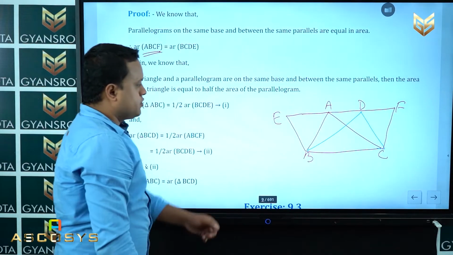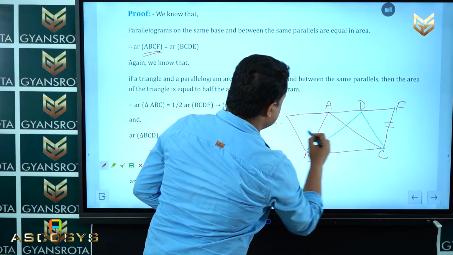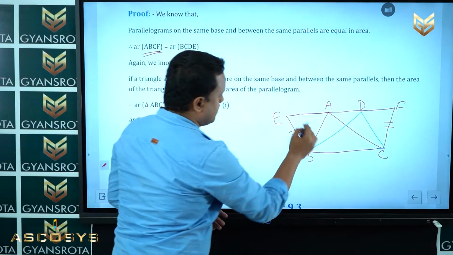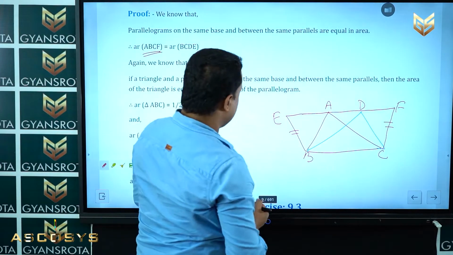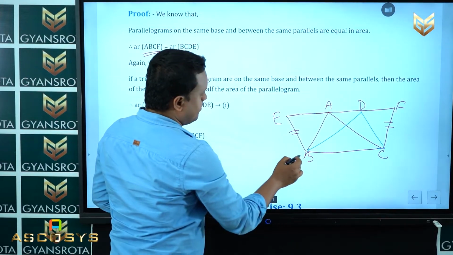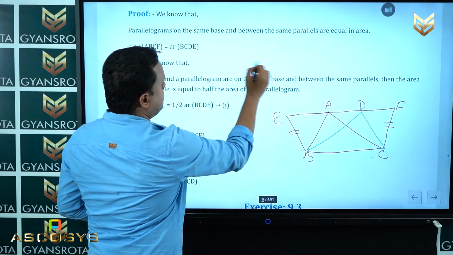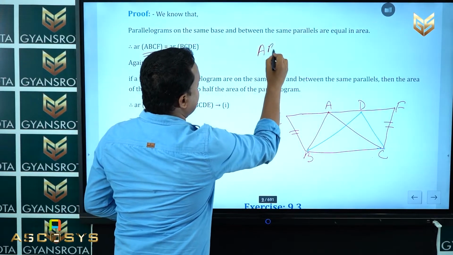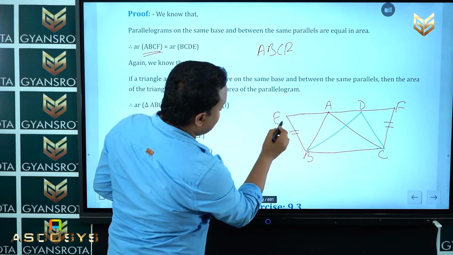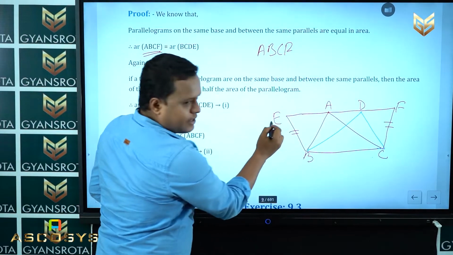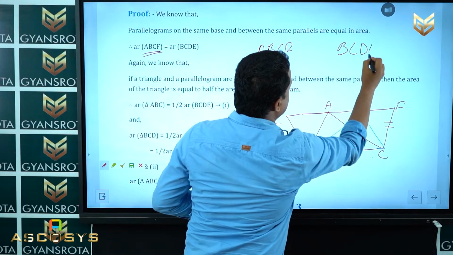Since we have drawn these two parallels, we have the theorem that parallelograms between the same parallels and on the same base have equal areas. Here we have the parallelogram ABCF, and we also have this parallelogram BCDE.